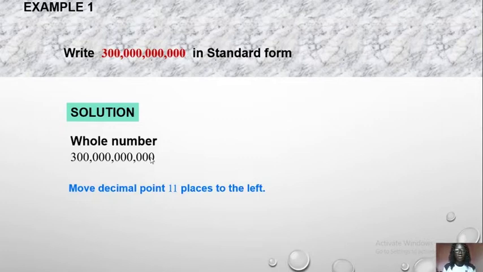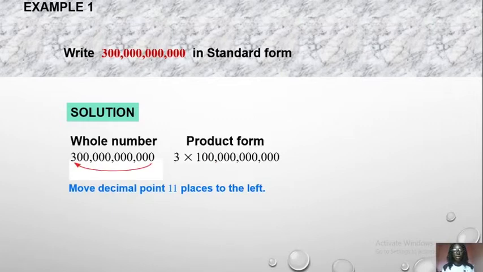The number of zeros here is 1, 2, 3, 4, 5, 6, 7, 8, 9, 10, 11. If you want to write this in product form, it's going to be 3 times 100 billion. Since we have 11 zeros, we're going to write it as 3 times 10 to the power of 11. And that's written in standard form.